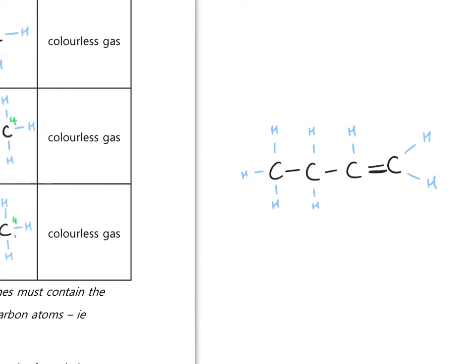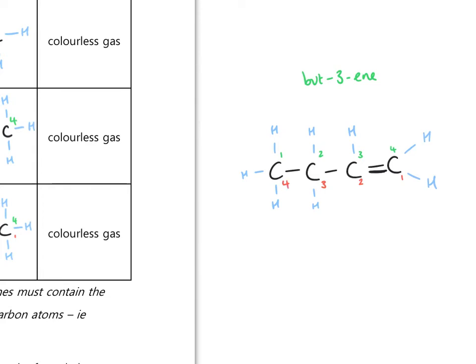So let's now try and name this. If we number it from left to right, we go 1, 2, 3, 4. In this case, our double bond is between carbon 3 and carbon 4, and so we would call this but-3-ene if we numbered it from left to right. But is that correct? No, it's not, because our other option is to number it from right to left, 1, 2, 3, 4.